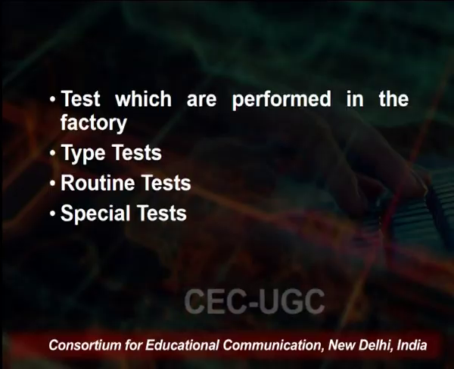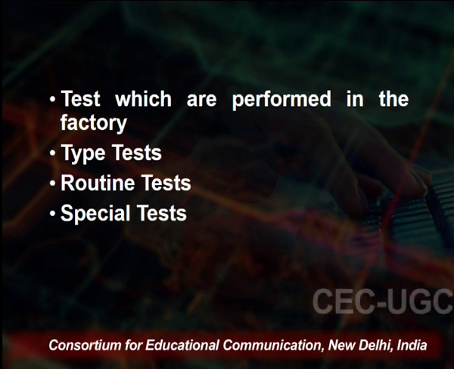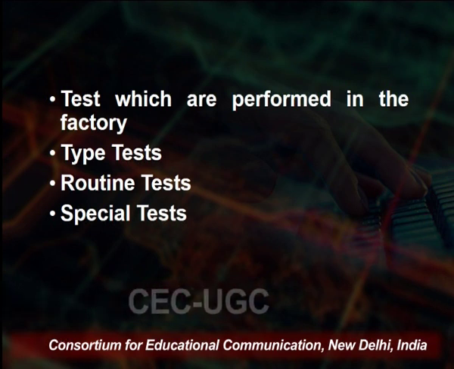Tests which are performed in the factory are the type test, routine test and special test. When the transformer comes from the manufacturer, these three types of tests can be done: type test, routine test and special test. Another category is the tests performed at the site where it is installed.